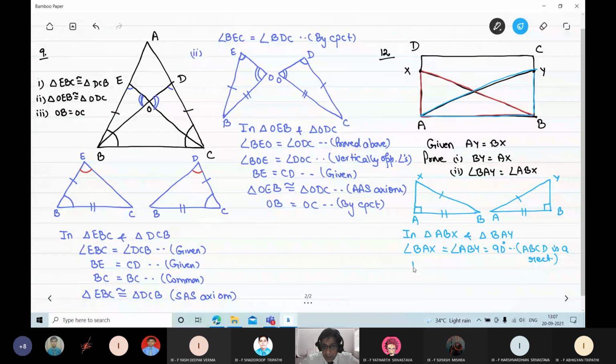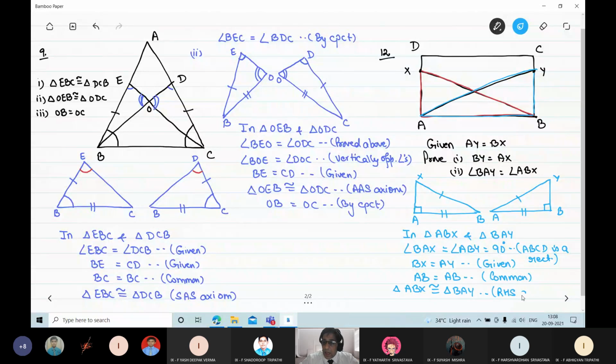Then we can say that BX is equal to AY. This is given to us in the question. That is the very first thing that was given to us. And we can say that AB is equal to AB, which is common. So therefore, I can say that triangle ABX will be congruent to triangle BAY, and this is congruent by which criteria?